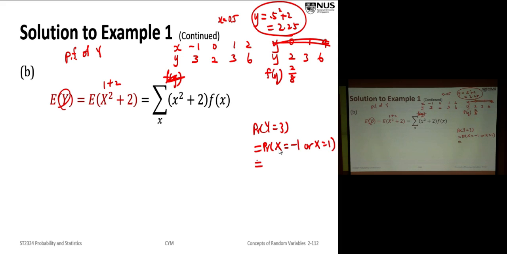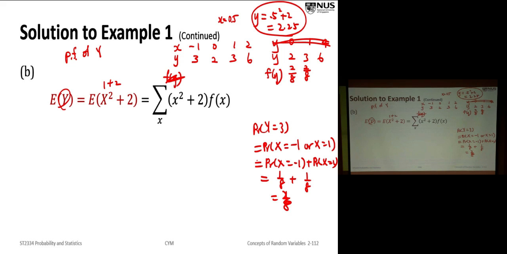So these two, if x takes -1, x cannot take 1. So they are mutually exclusive. So you have to add up these two probabilities, right? So it's equal to 1/8 plus 1/8. So it's equal to 2/8 or 1/4.